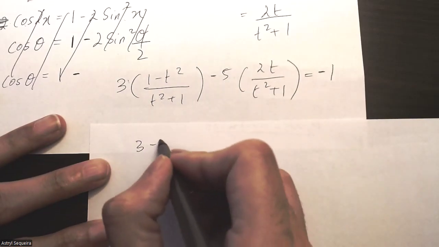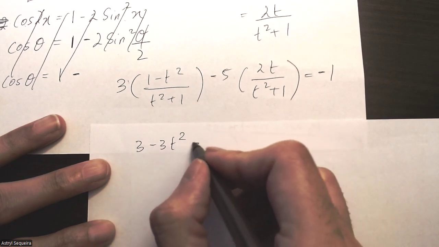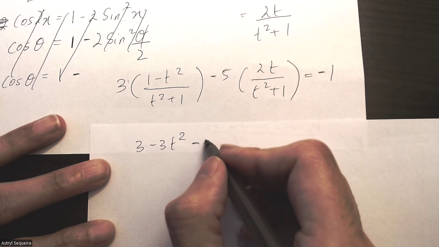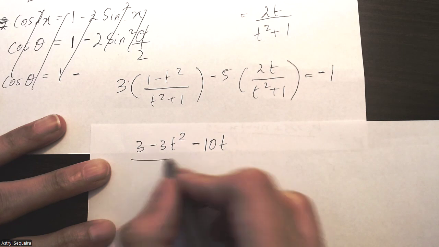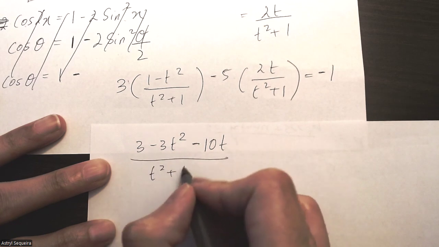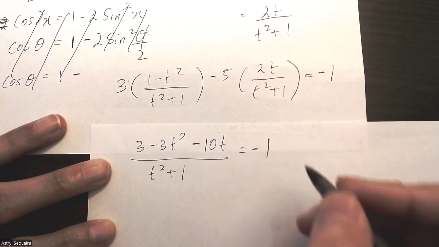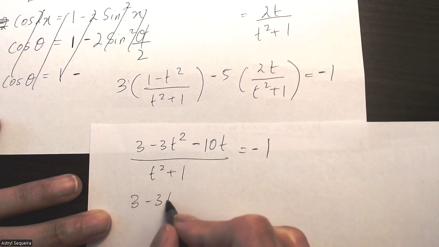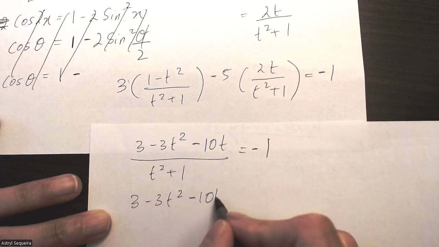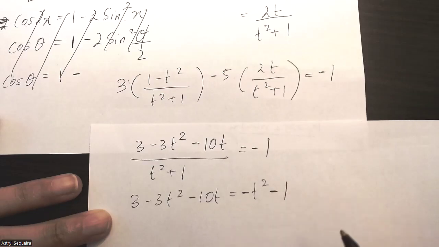So 3 minus 3t squared minus 10t, and it has a common denominator now of t squared plus 1 because those two are identical, equals negative 1. Cross multiply that over: 3 minus 3t squared minus 10t equals negative t squared minus 1.